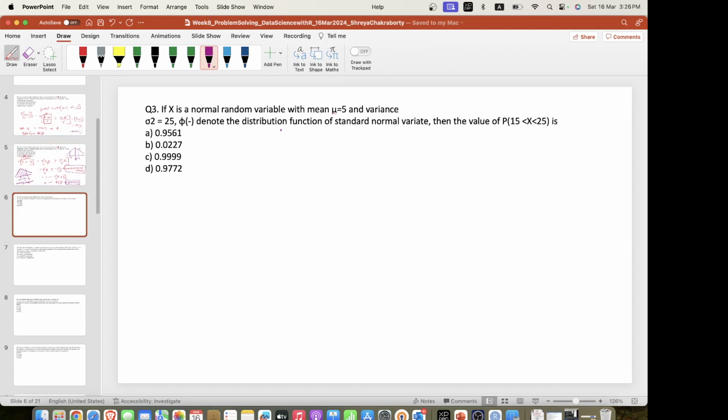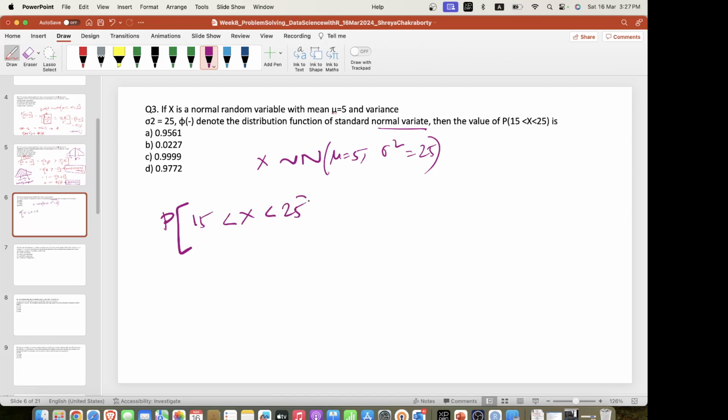Okay. So similar question, X is a normal variable with mean 5 and variance sigma square is 25. Phi denotes the distribution function of the standard normal variate, then find the value of probability 15 less than X less than 25. So that would be probability (X minus mu) by sigma.